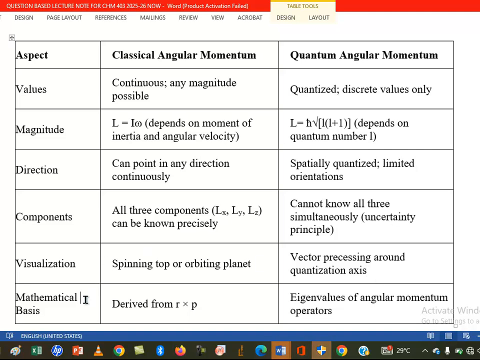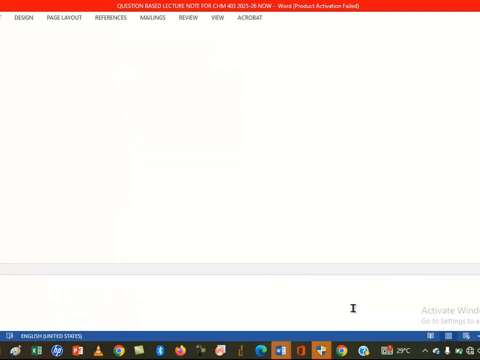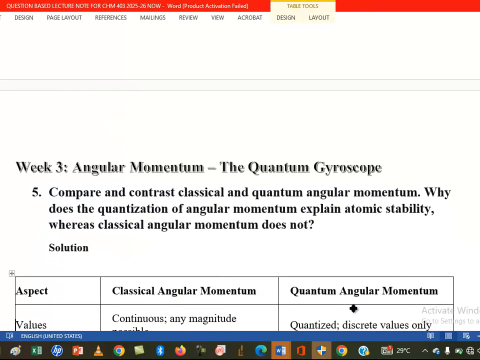Now for mathematical basis, classical is derived from r cross p, while for quantum the mathematical basis is the eigenvalues of angular momentum operators. So this is how you compare and contrast classical and quantum angular momentum.